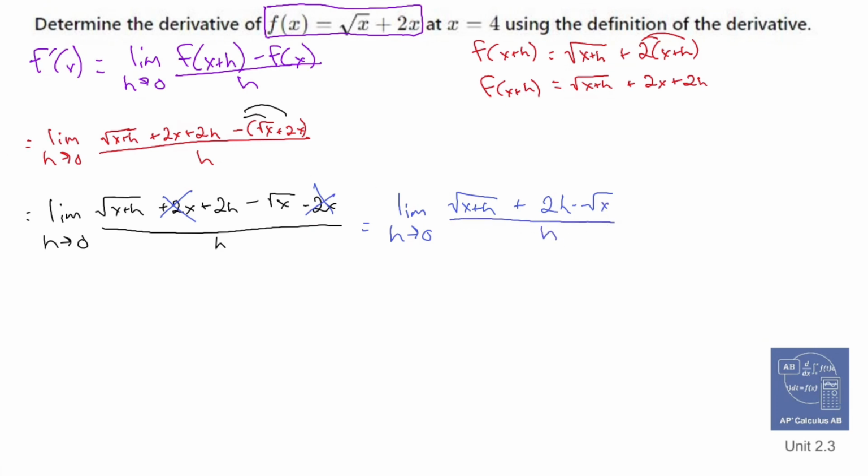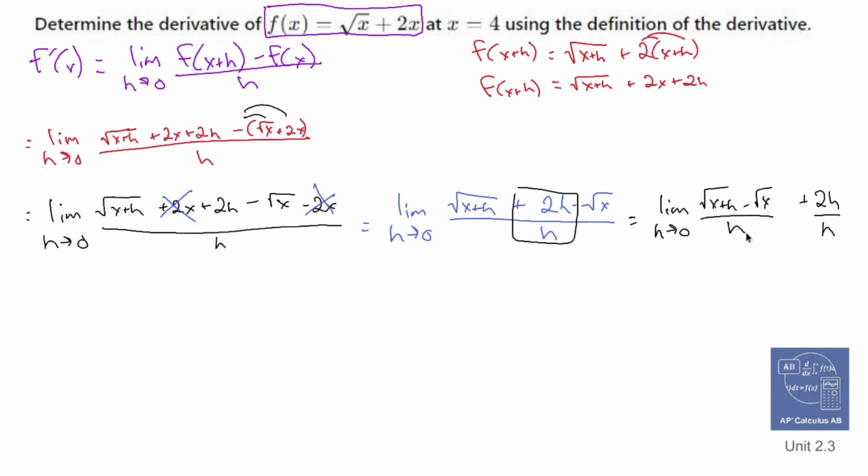Now what I'm going to do is group the roots together, and split this off to the side and simplify it a little bit. So I'm going to keep this as the limit as h approaches 0 of the square root of x plus h minus root x plus 2h all over h.